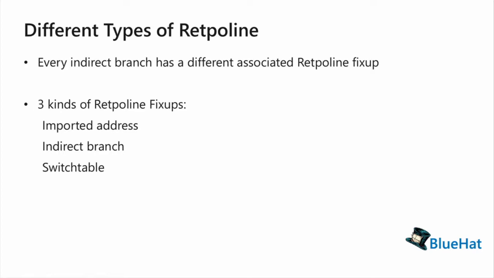Usually these are used to call external functions residing in another binary, and are used a lot with C++ vtables, not in the kernel of course, but as an example, a C++ vtable moves the pointer into a register and then calls the register. And then we identified the Switchtable Retpoline, which are indirect branches that happen within the same binary.